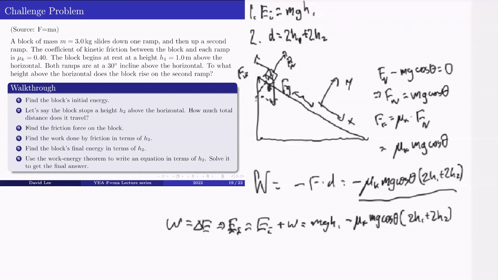But this is also equal to mgh2. Why is that? Because again, it's at rest, so all of its final energy is in potential energy. So we can also write this as mgh2. All right, so now we have one equation. Our only unknown here is h2. So we can solve it.